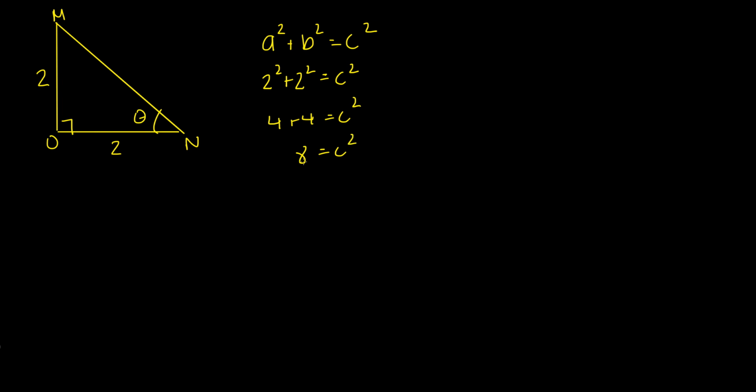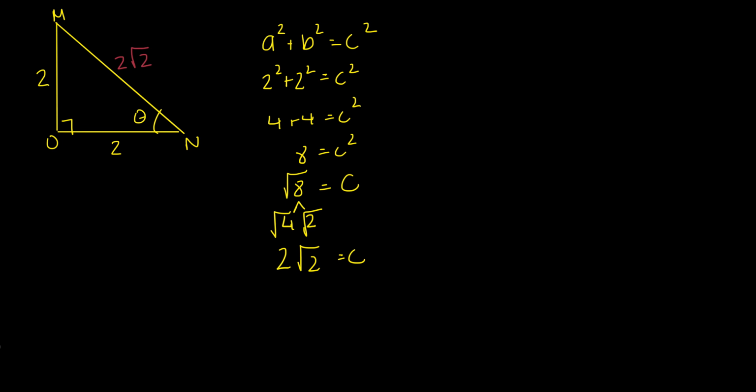So c is the square root of 8, not plus and minus because we're working with length. Then 8 can be reduced to 4 times 2, and the square root of 4 is 2, so we get 2 times the square root of 2, which is our hypotenuse. I'm going to grab a different color and say this is 2 root 2, indicating that the red is what we found.